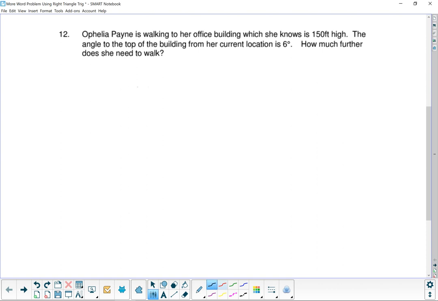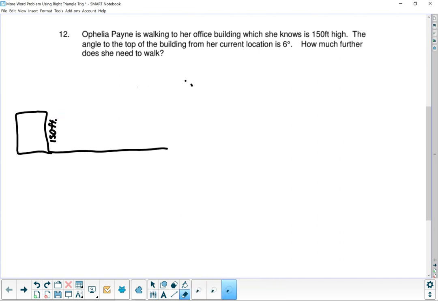So she's walking to her office building. Let's just draw it like this. She knows it's 150 feet high. And she knows the angle to the top of the building from her current location is 6 degrees.